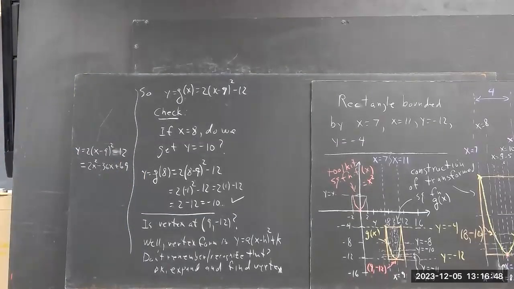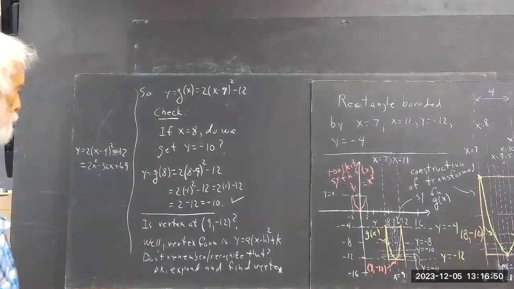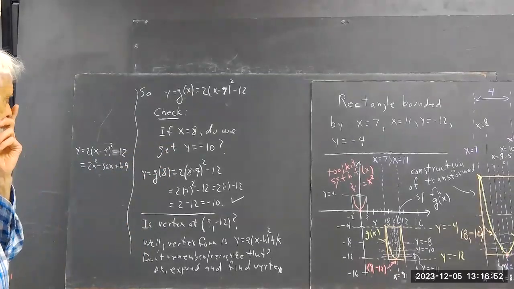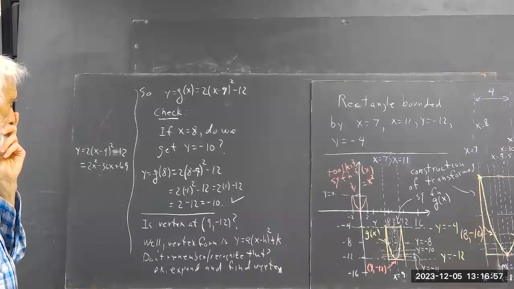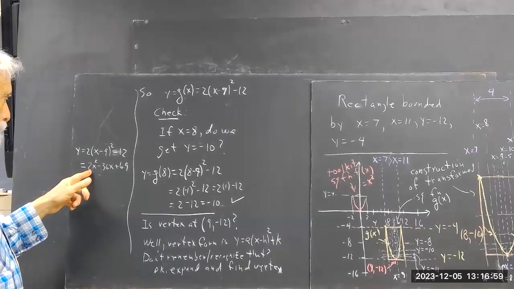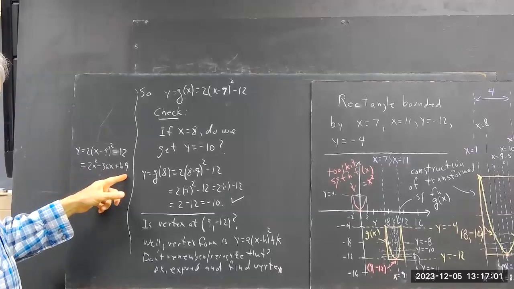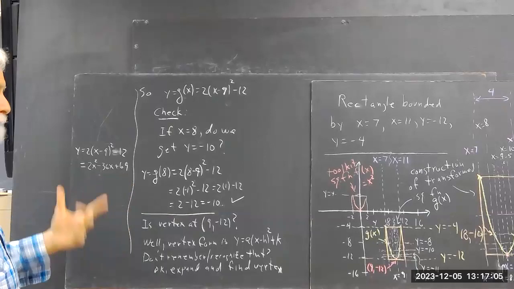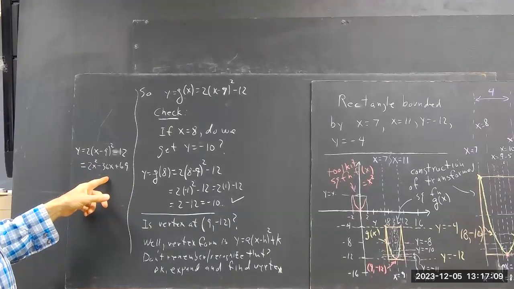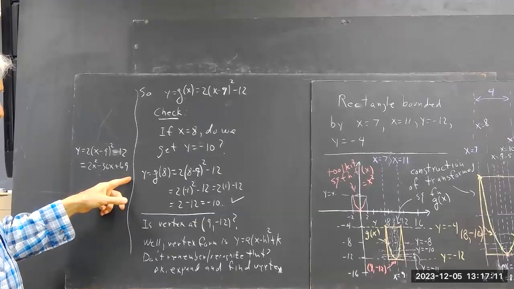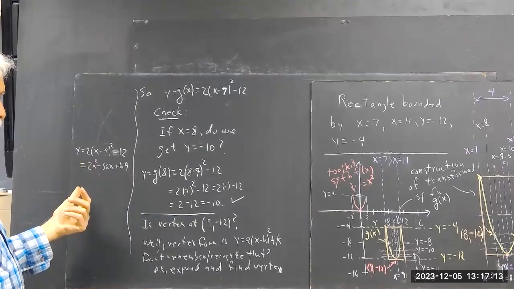Okay, I'm going to check myself. I'm going to plug in x equals 8. No way I'm getting negative 12 out of it. Maybe I am. 2x squared is 128. 128 and 69 is 197, I think. And 36 times 8 is 288.